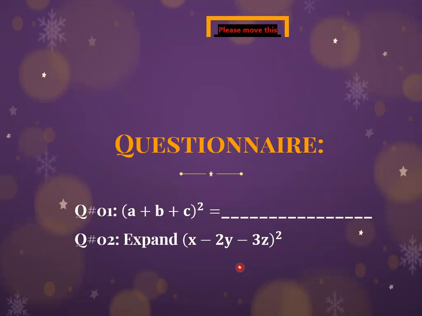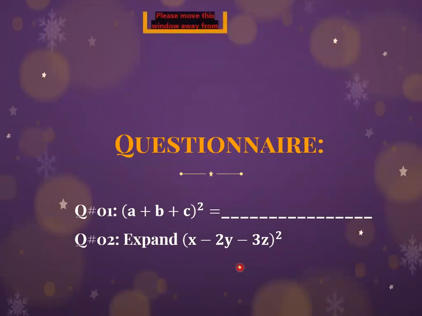I know it will take some time for all of you to solve this, but you have to solve it. Yes, class, hurry up, solve it. What will be the answer?